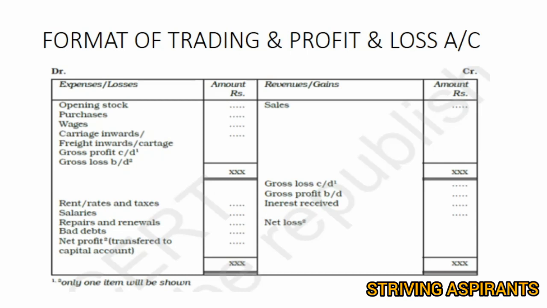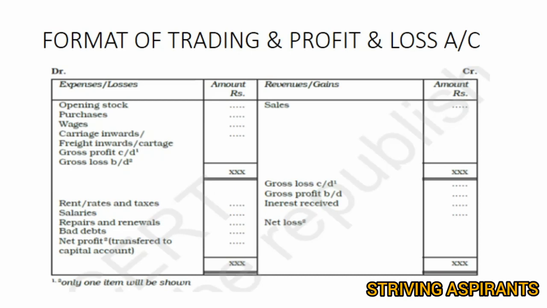And in the second part, after closing this trading account, we have to show the indirect expenses. In the first part we are showing the direct expenses like wages, carriage inwards, freight inwards, etc. And in the second part, these are the indirect expenses.